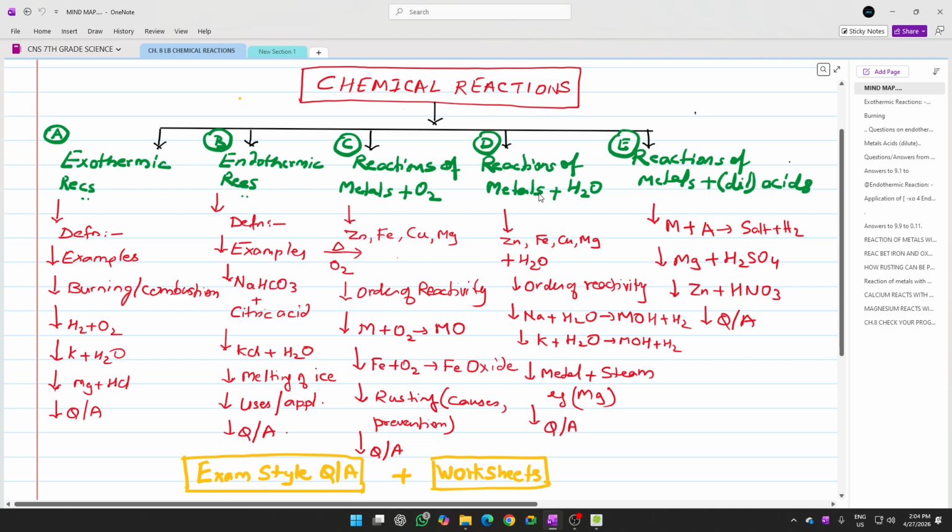That order has been divided by me into A, B, C, D, and E. You can see that chemical reactions is the name of the chapter, and the first section in this chapter that you'll start with is something called exothermic reactions.